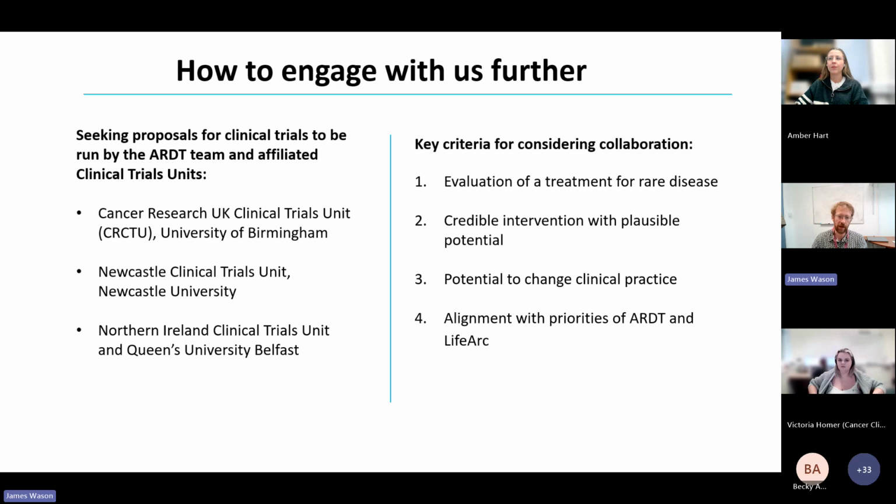It has to be in rare disease, as far as we can assess it, a credible intervention with plausible potential to change clinical practice. Although we are taking on early phase trials, it doesn't necessarily have to be ones where changing clinical practice is imminent, and there should be alignment with the priorities of LiveArc and the ARDT.